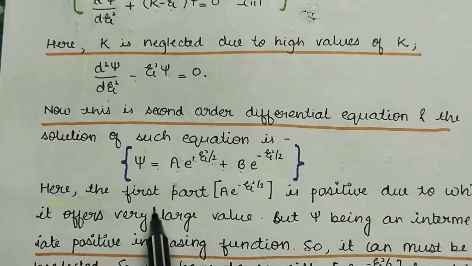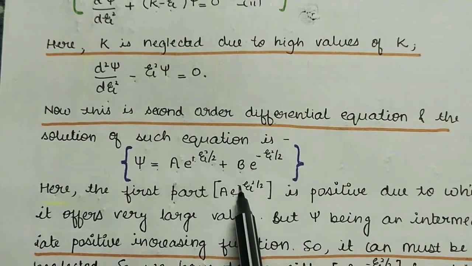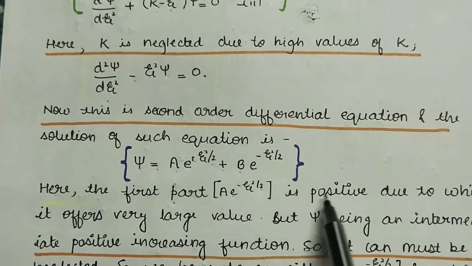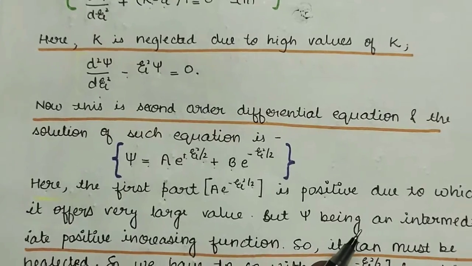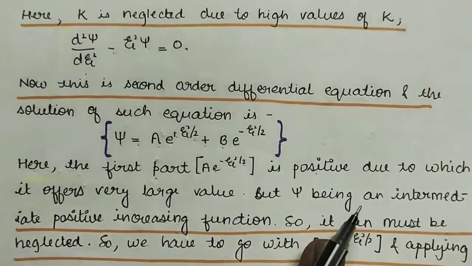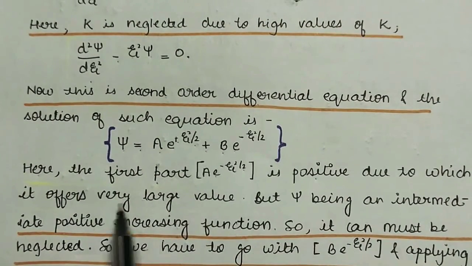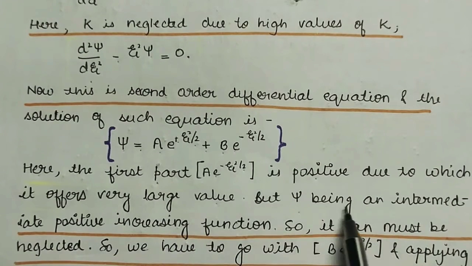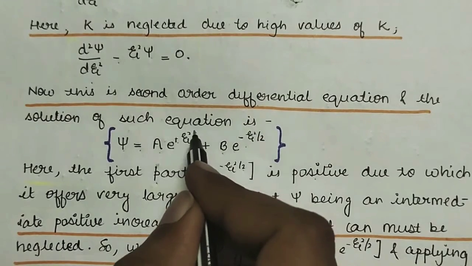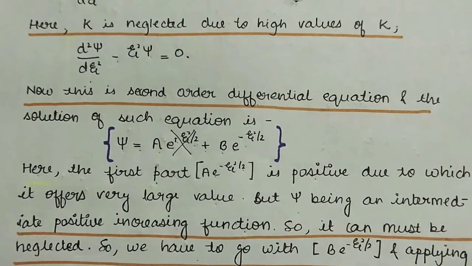Here the first part, a e^(+j²/2), is positive, due to which it gives a very large value, but ψ being an increasing function, it must be neglected. So we go only with the negative exponent, and this term is neglected.